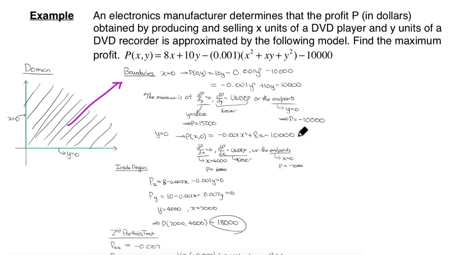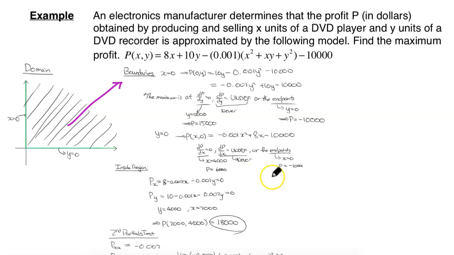We will look for where the derivative is 0, where the derivative is undefined, and the endpoints. And so the process is exactly the same. The first derivative is negative 0.002x plus 8. This is never undefined. It's equal to 0 when x equals 4,000. And again, the endpoint. So we are looking at this line here, and there's only one endpoint when x equals 0.